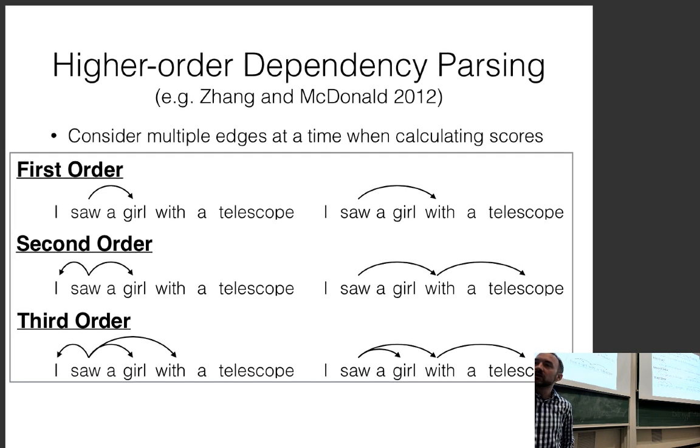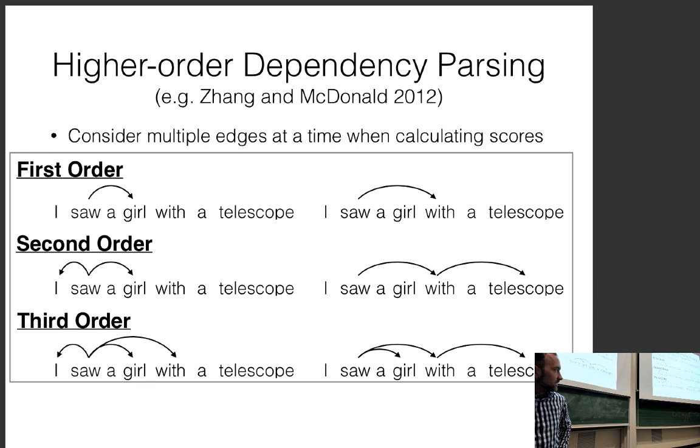A first order dependency parser will provide a score for saw and girl, and saw and with. A second order parser will consider pairs of edges, like saw girl, saw with telescope. And third order will consider things like saw girl with telescope, etc.